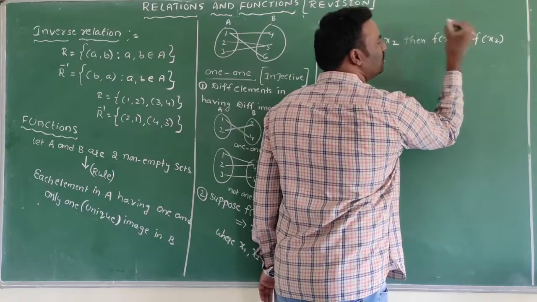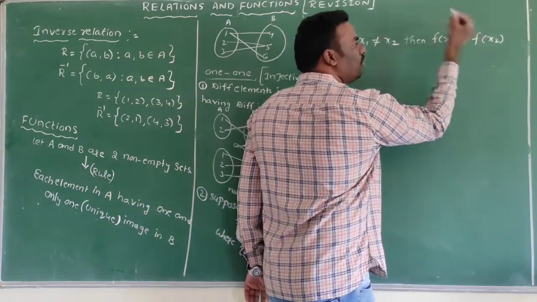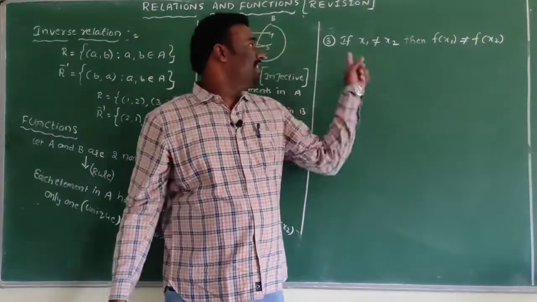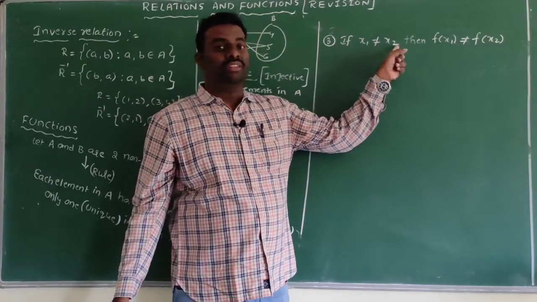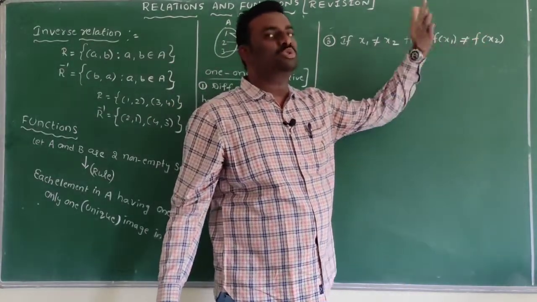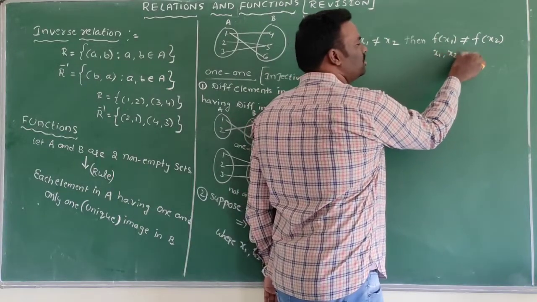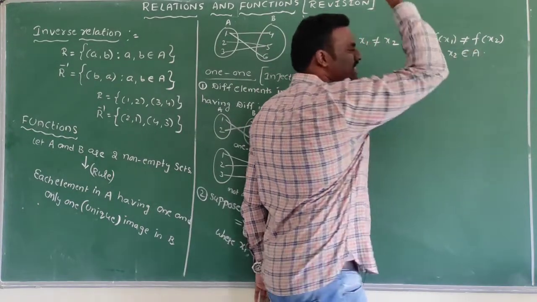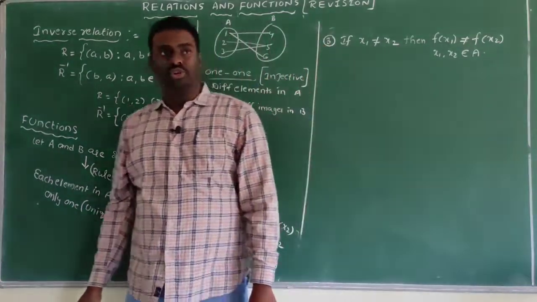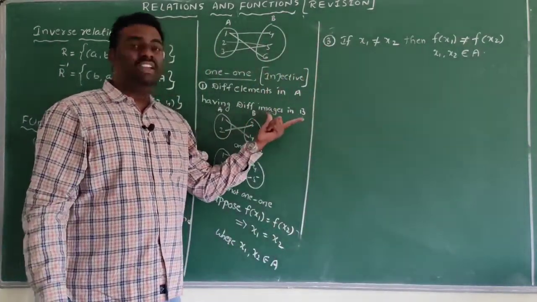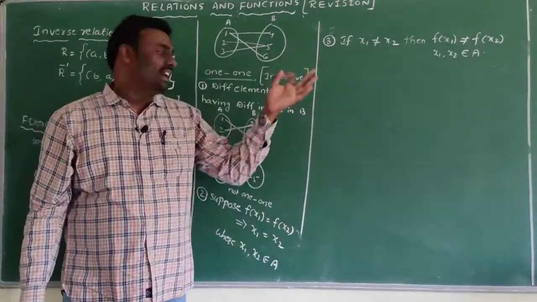This is also one of the definition for 1 function. If x1 is not equals to x2, then f of x1 is not equals to f of x2. Here also x1 and x2 belongs to the given set, capital A. So these 3 are the definitions for 1 function.